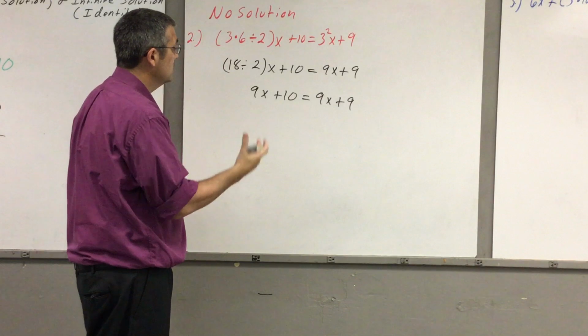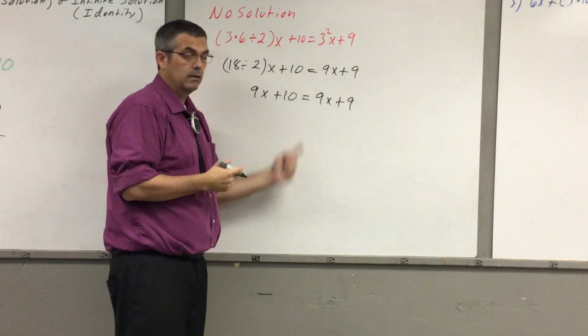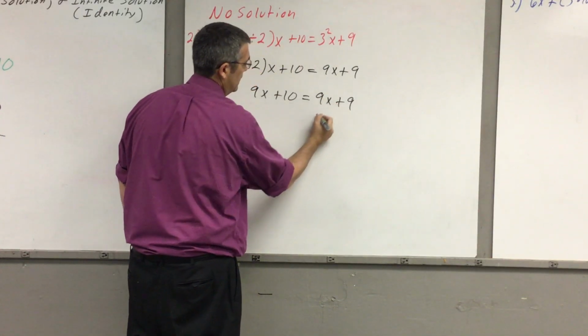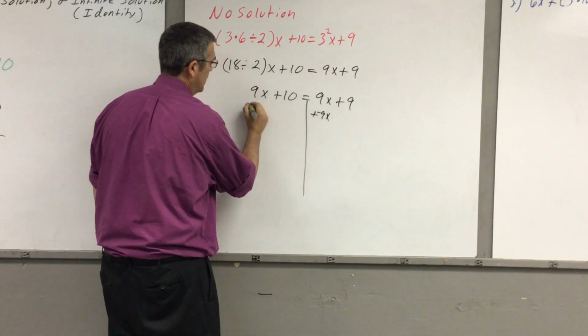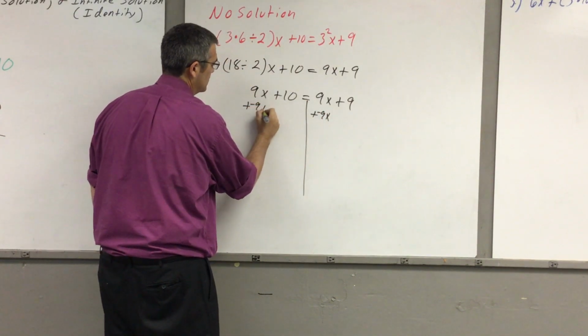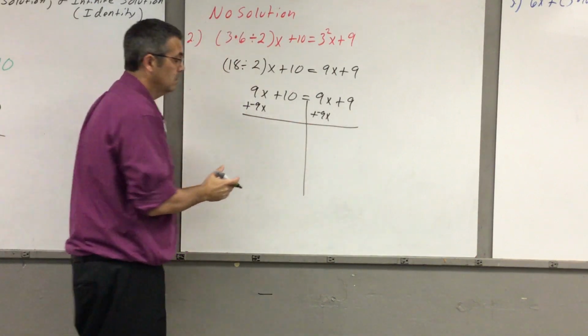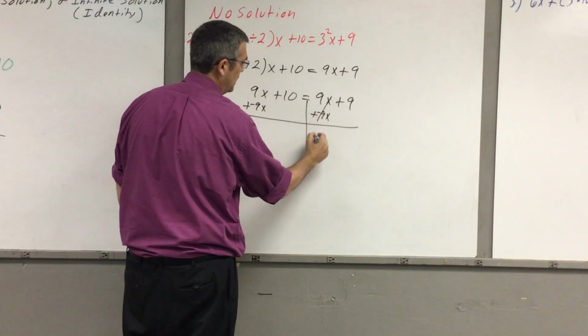Okay? So what I'm going to do is I'm going to move one of these to the other side. Okay? I'm going to choose this one and move over here. So 9x, I'm going to add negative 9x to this side, and I'm going to add negative 9x to this side. Now look and watch what happens here. This cancels out here and leaves me with a 9.